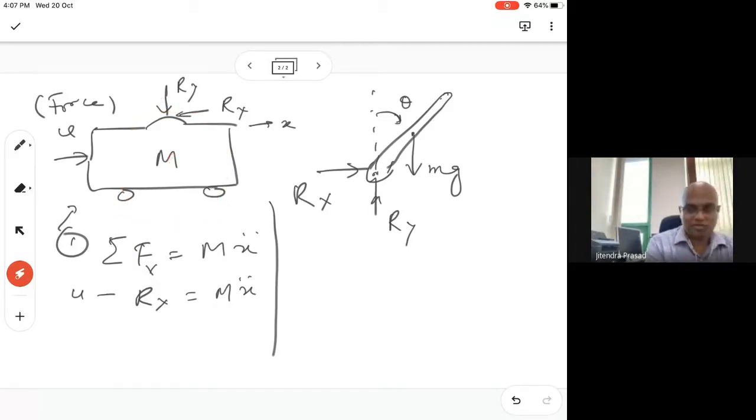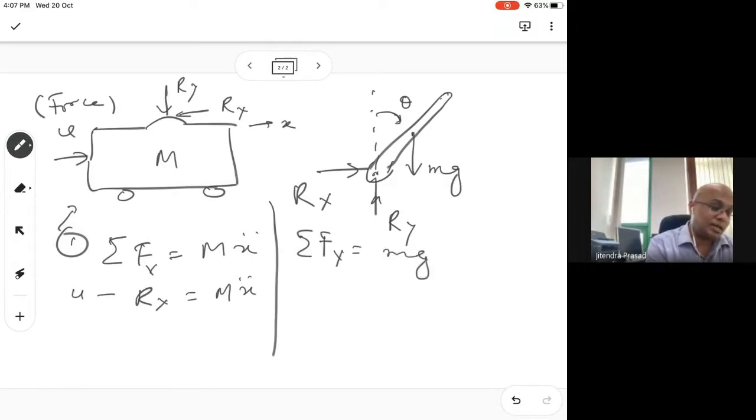It will not be useful. So now for the bar, what do we have? We have Rx here, same Rx here. So again the same equation: the sum of forces in x direction has to be m, and then what?